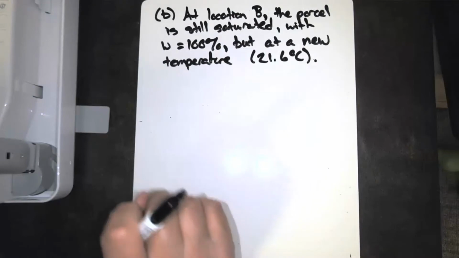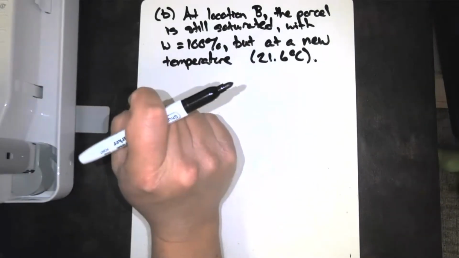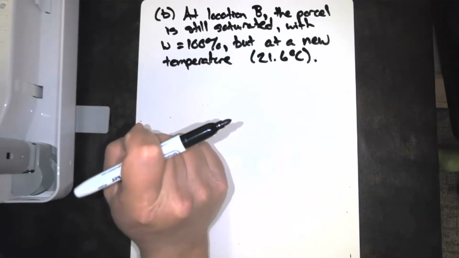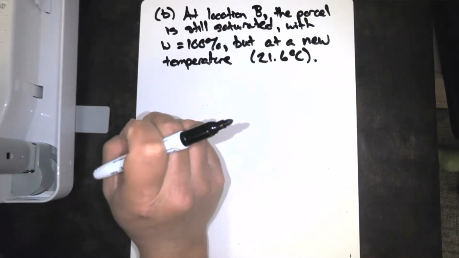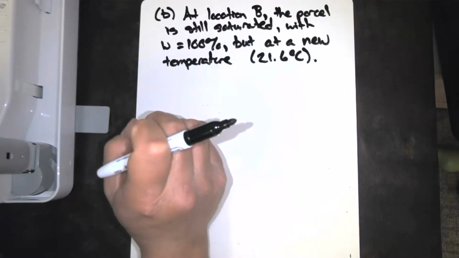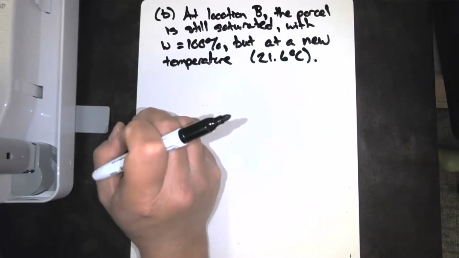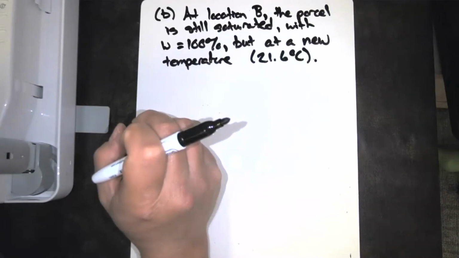Okay. So now the insight that we want to apply in taking this parcel from an elevation of 1,400 meters to an elevation of 800 meters is that as soon as we start descending that parcel from the top of the mountain range, it will become unsaturated.